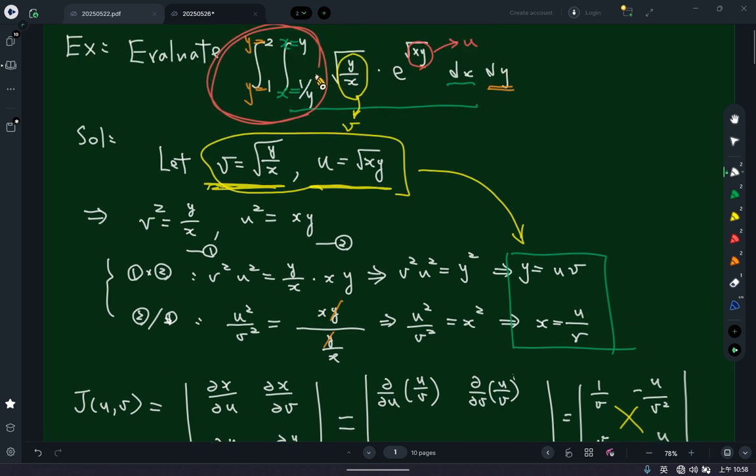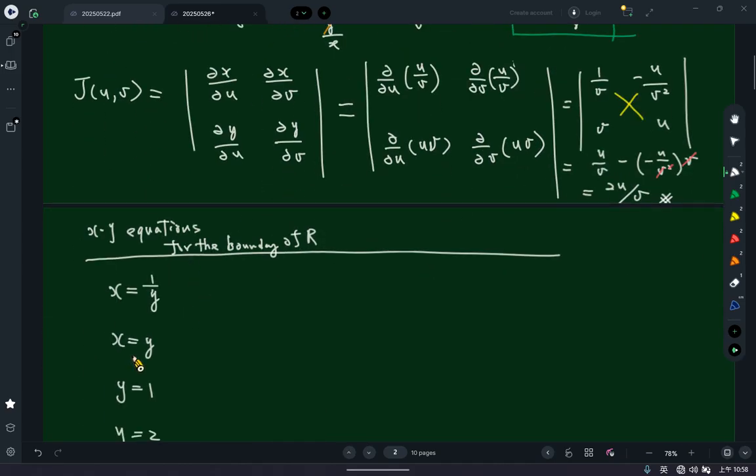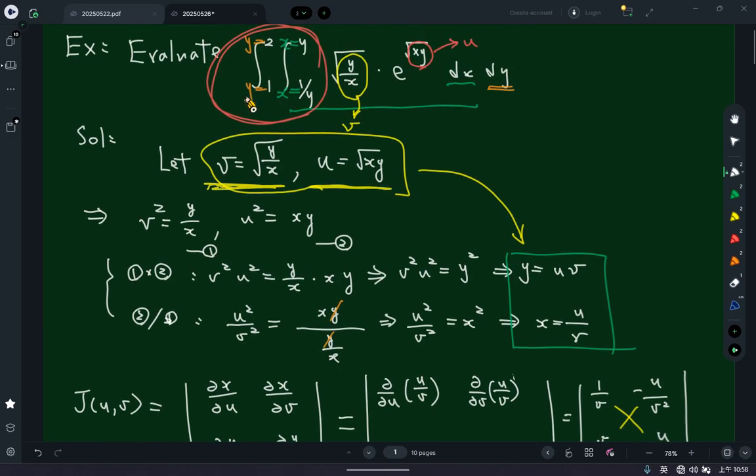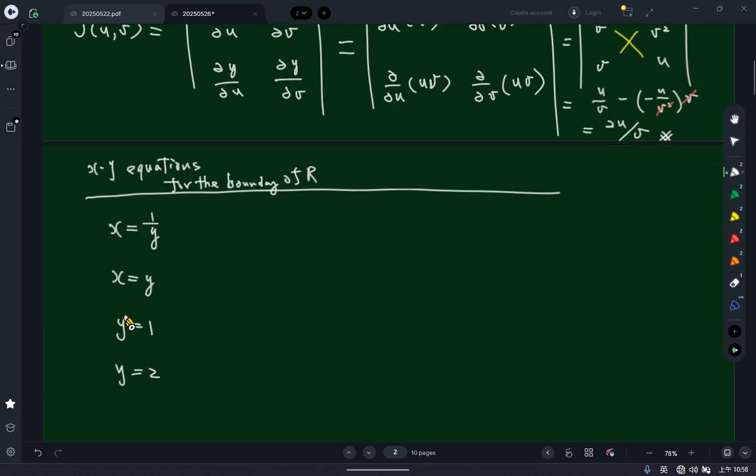Based on these 4 parameters, you can see the first one is S equal to 1 over Y. The second one is S equal to Y. Then the second part is Y is equal to 1 and Y is equal to 2. So we have these equations. They are just partial boundaries for region R.